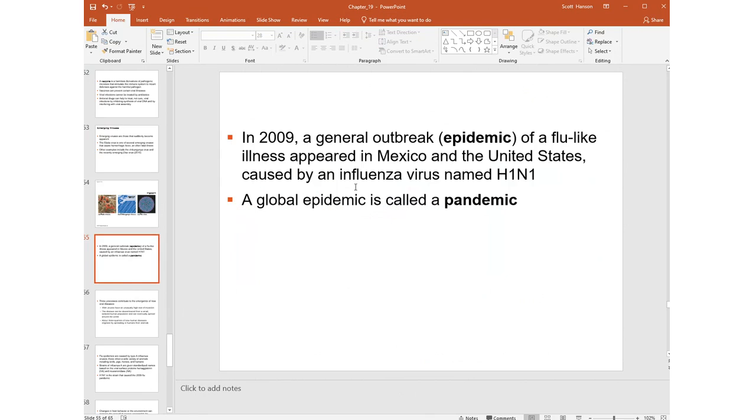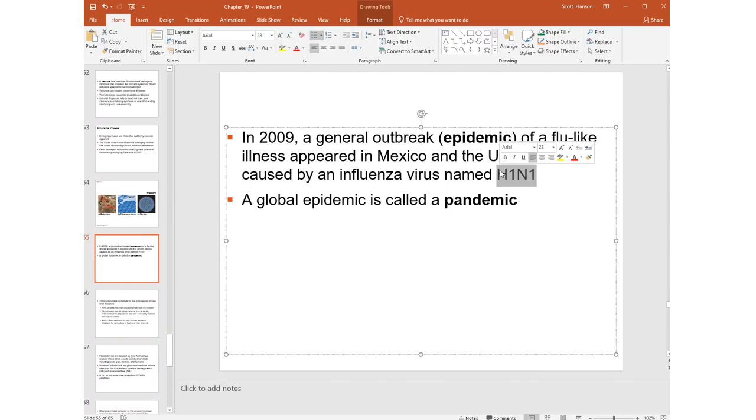So in 2009, if you may remember, there was an outbreak in the general population. An epidemic usually is an outbreak of a large number of cases in a population. It was a flu-like illness caused by a type of influenza virus called H1N1.